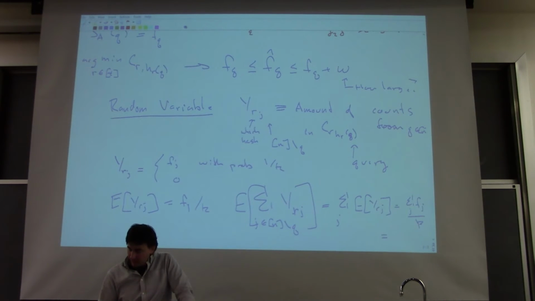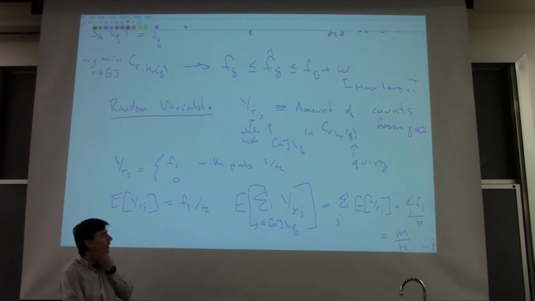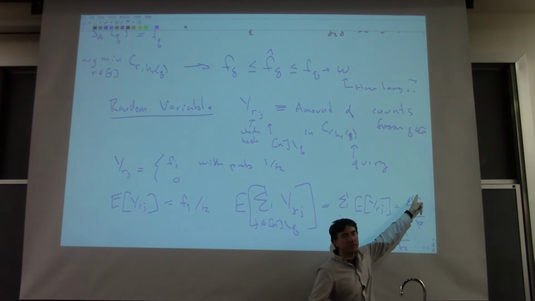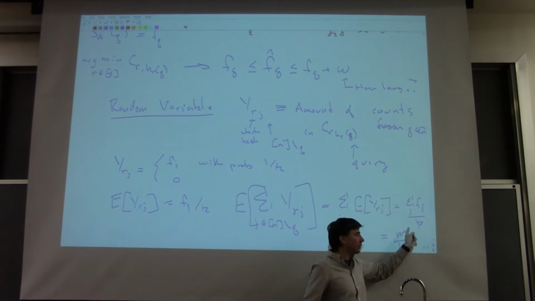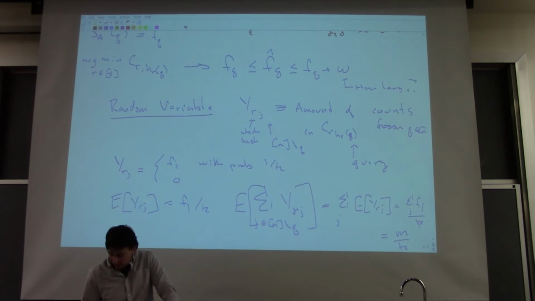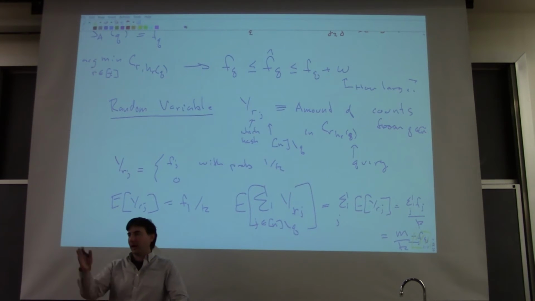And this is exactly going to be m over k. The sum over all of these counts is the total number of counts I've seen. If I'm being a little more careful, I can subtract out f of q, but this is the part I don't really need for the ultimate bound.